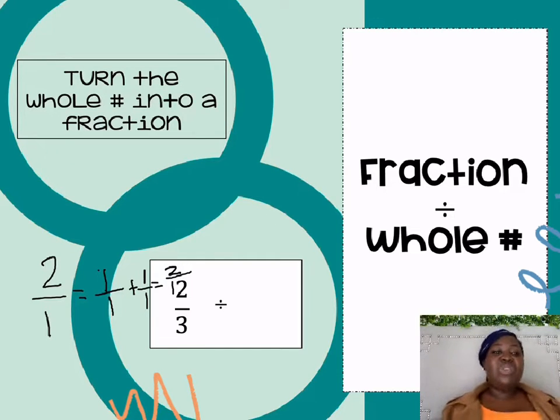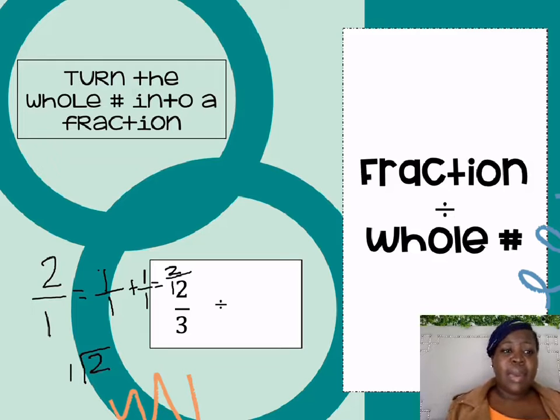Now, if you were to write this as a division problem, this is how it would look. You can say 2 divided by 1. Notice how I write my division sign. I wrote it as the long division sign, 2 divided by 1. And you can ask yourself, how many times can 1 go into 2?